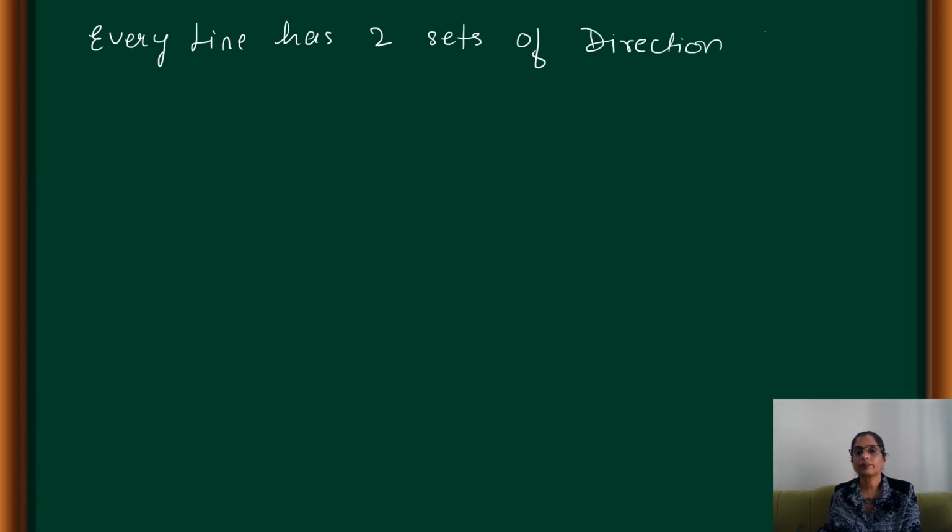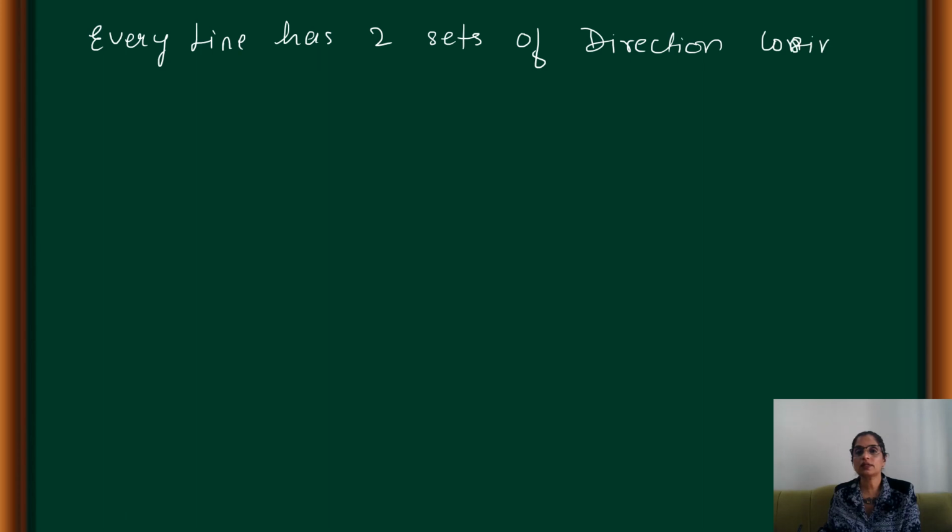Every line has how many direction cosines? We can say every line has two sets of direction cosines, correct? And what are the two sets?